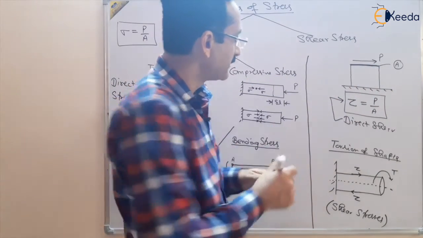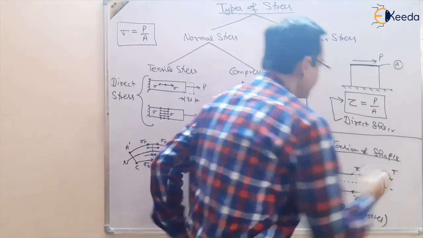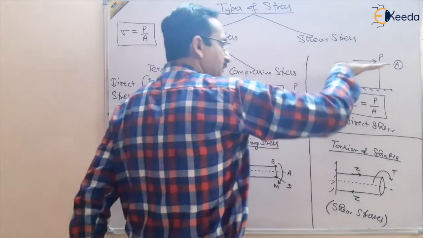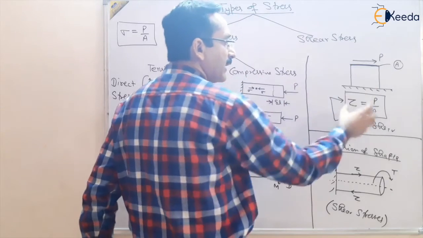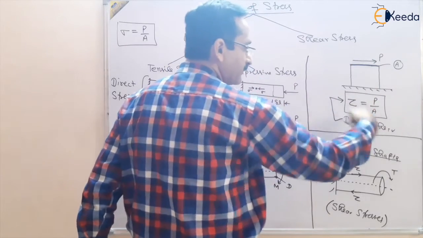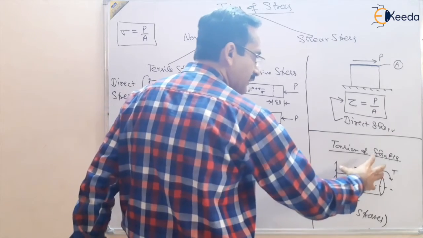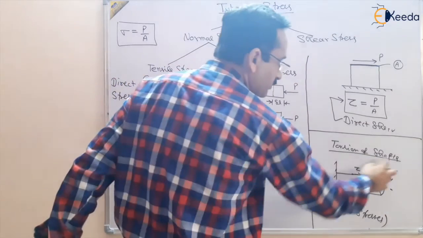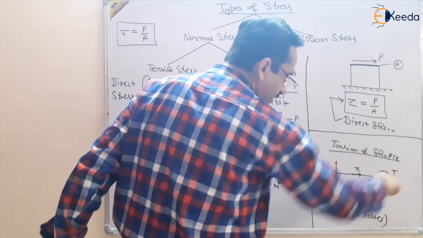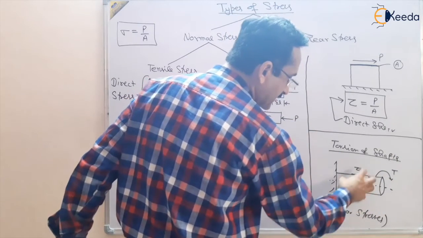We have applied a shear stress directly, and this direct shear is shearing of the body parallel to the surface, and this stress is developed in the material. Or it can be developed by twisting the shaft, by giving a torque to the shaft, so torsion of shaft, and by torsion of shaft the shear stress is developed.